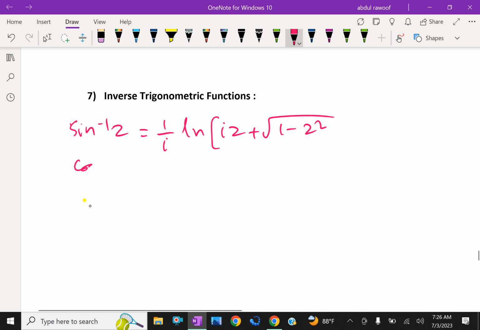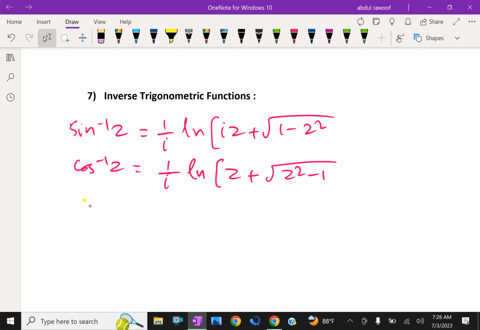Then cos inverse z equals 1 over i ln of z plus square root of z square minus 1. Remember this.